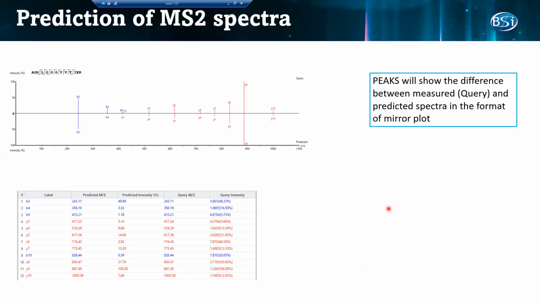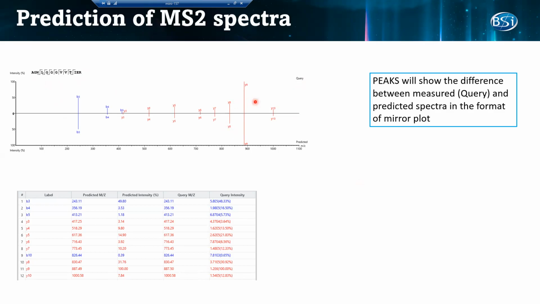Here is an example of our prediction. For the MS2 spectra, when you check the result, we will have this figure, which we call the mirror plot. The top one is the query, the measured MS2 spectra, and the bottom is the predicted one.